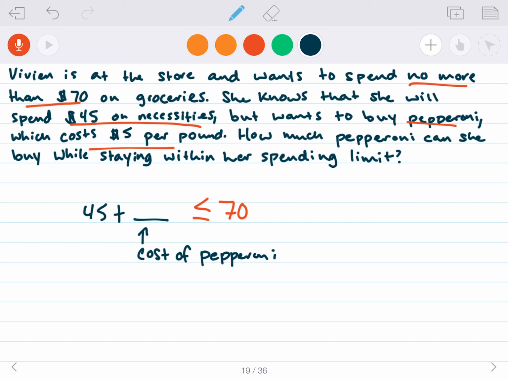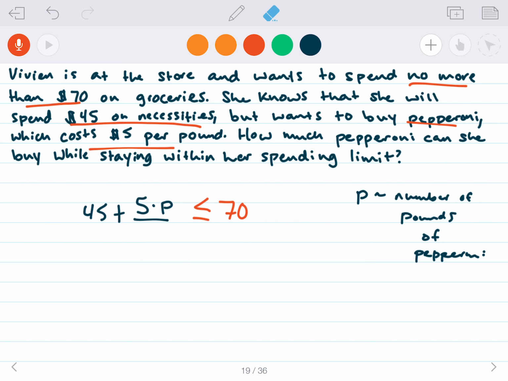So it's $5 a pound. So instead of putting the cost of pepperoni here, we can just say it's $5 times P, where P is the number of pounds of pepperoni, right? So the cost of pepperoni is going to be 5 times P because we're paying $5 per pound.